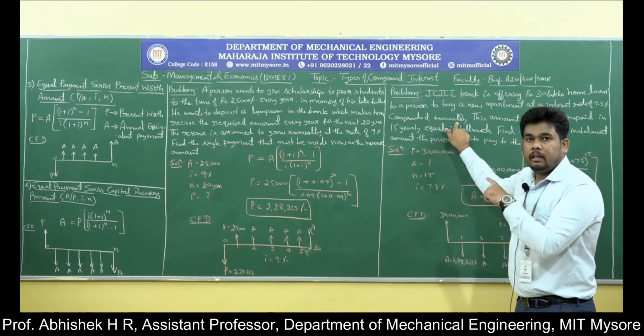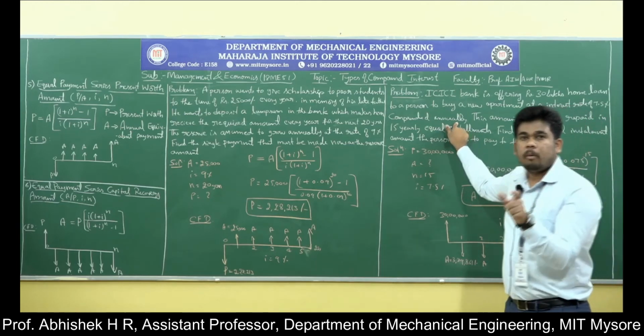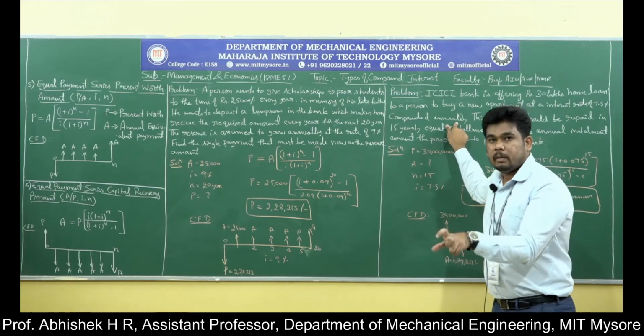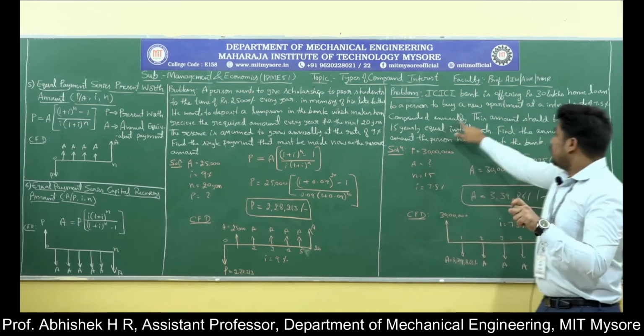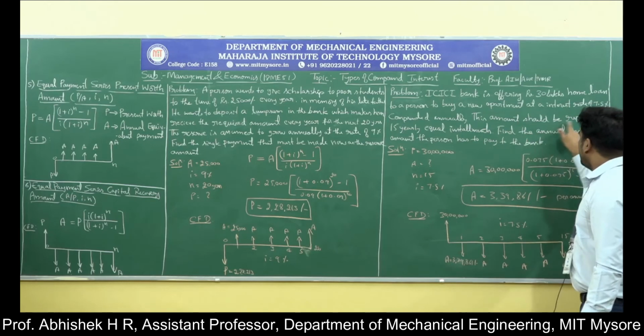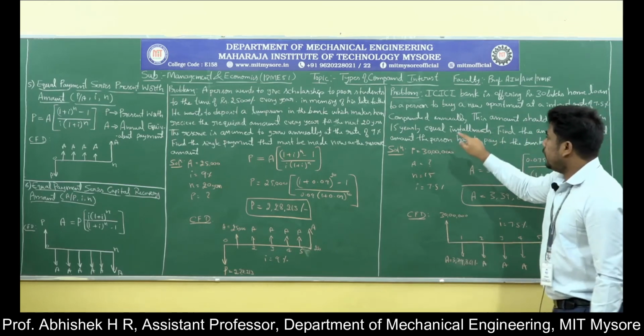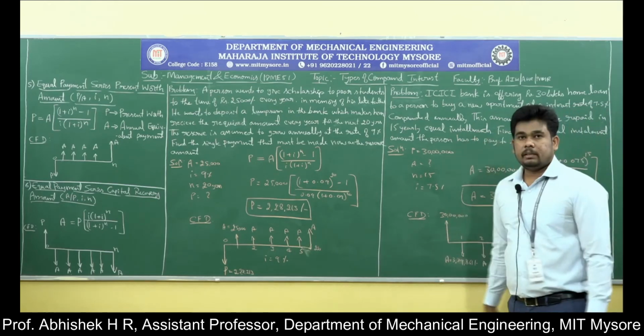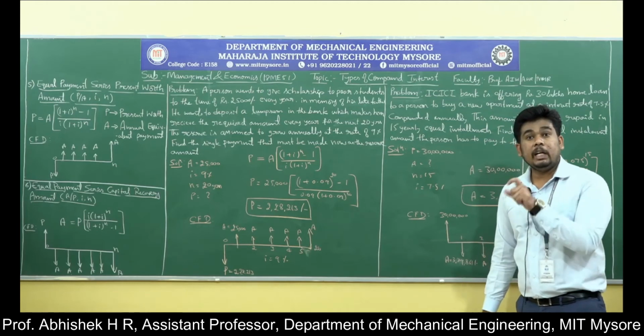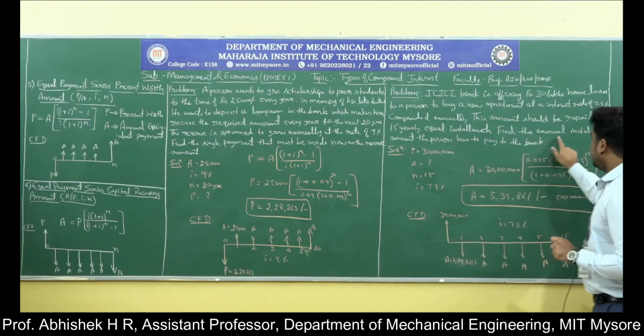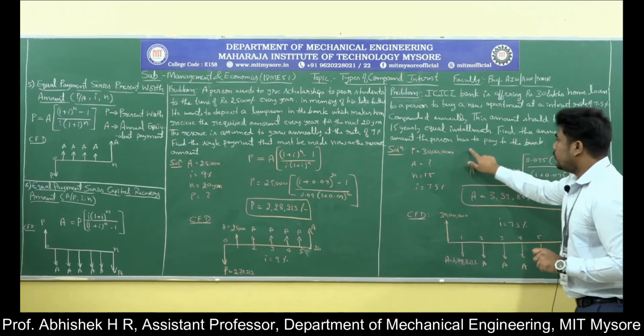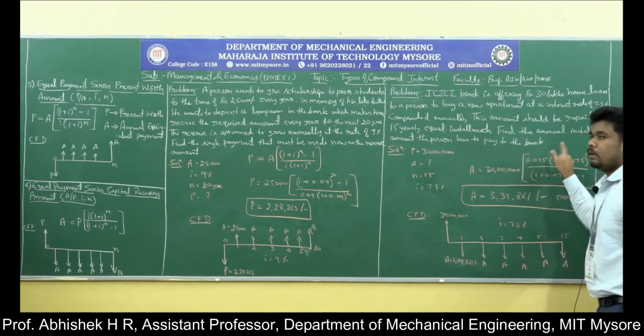So this is important: you have to check whether it is compounded annually, semi-annually, or quarterly. This amount should be repaid in 15 yearly equal installments. Find the annual installment amount the person has to pay to the bank.